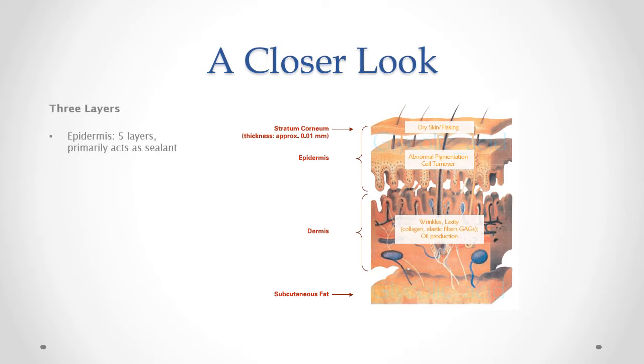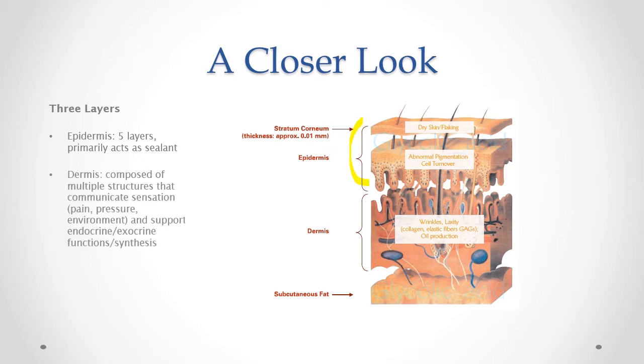There are three layers. We have the epidermis, which is basically 5 very, very tiny layers. So if we were to look at that, it's this layer right in here. Then we have the dermis, which is that middle layer, which is right in here.